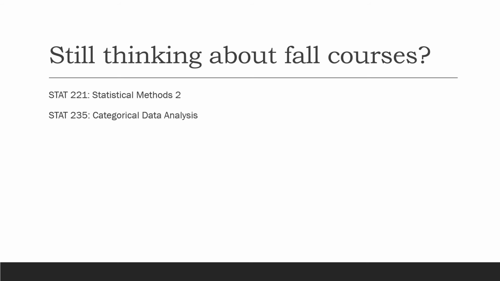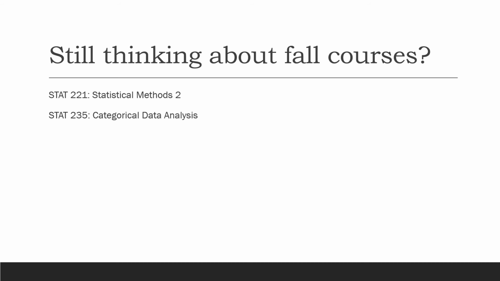If you're still thinking about any statistics courses for the fall, a couple of good options would be STAT211, which is called Statistical Methods 2. It's intended to be a follow-up to this course. It does a lot of work with ANOVA and regression, but in more depth and with a bit more mathematical rigor.